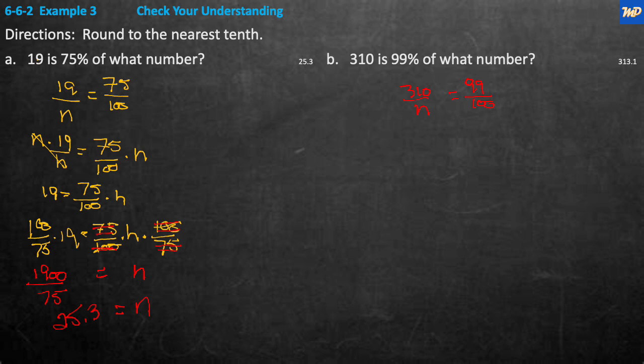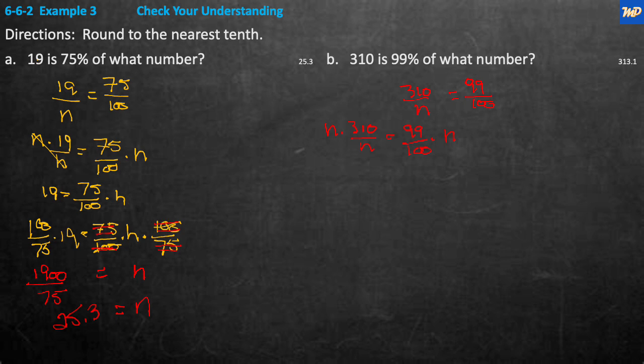As before, I'm going to multiply both sides by n. So n times 310 over n is equal to 99 over 100 times n.